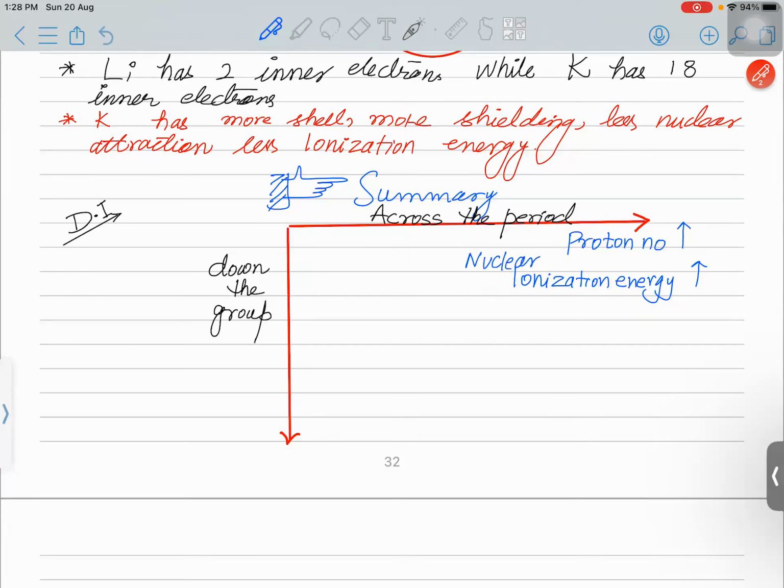When you say nuclear attraction, do you refer to the forces of attraction? Both are the same thing, because this attraction is due to the nucleus. You can also use the term force of attraction, generated by the nucleus, or nuclear attraction.